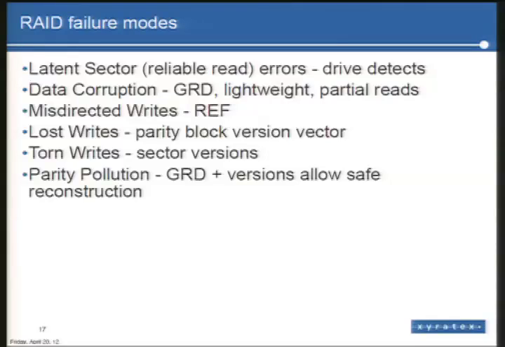And for parity pollution, because of the GRD and the versions, we can determine anything that's corrupted. We can immediately determine which version of the corrupted data is the latest, reconstruct the correct block and therefore avoid the parity pollution problem.